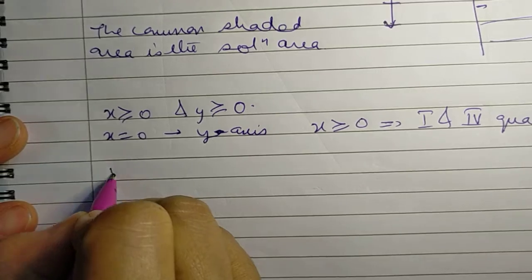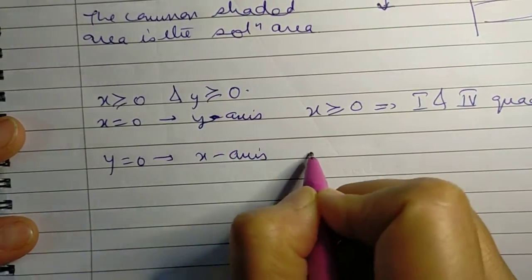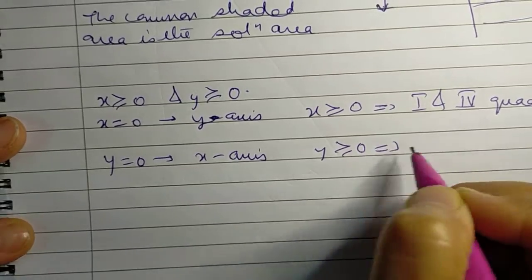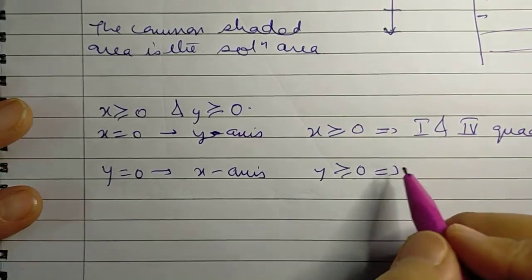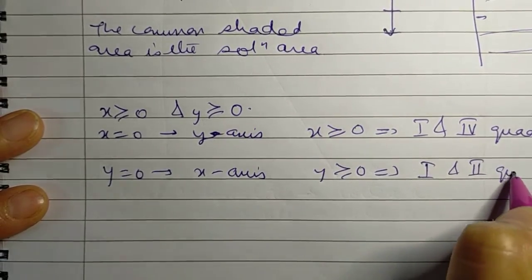Similarly, y equal to 0 represents the x axis, and y greater than or equal to 0 is in the first and second quadrants.